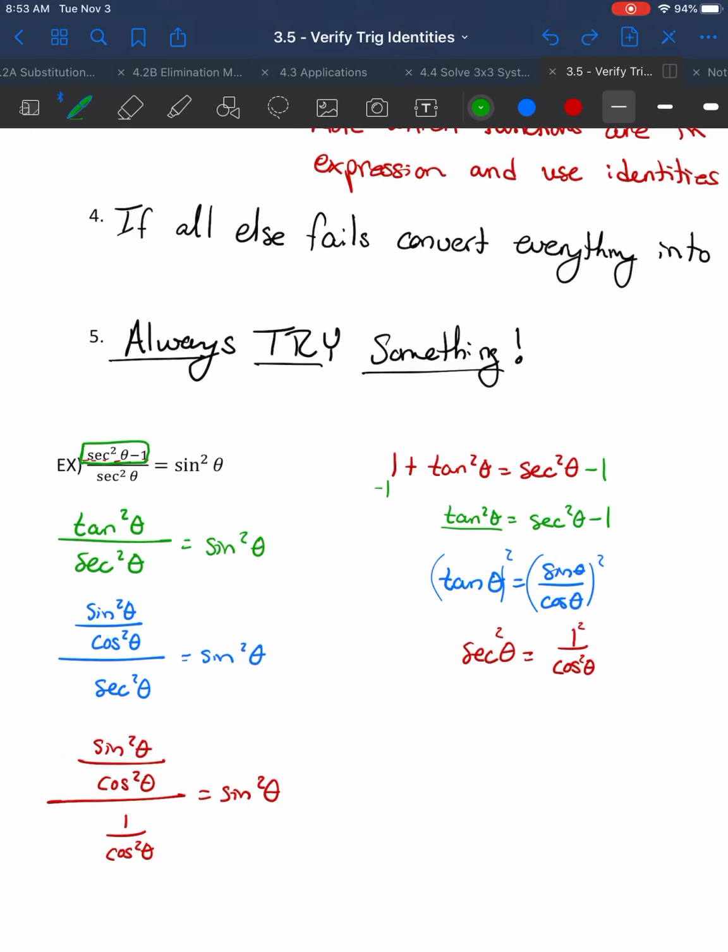Now, and I'm going to erase this in just a second, this piece, I have a fraction divided by a fraction. We don't do that. Instead, we multiply by the reciprocal.